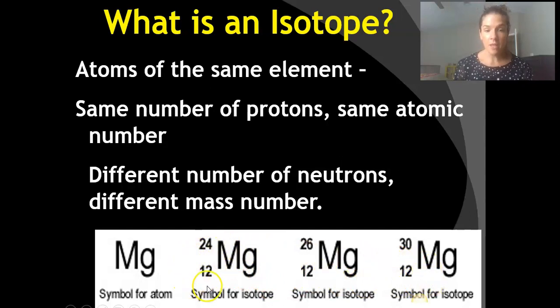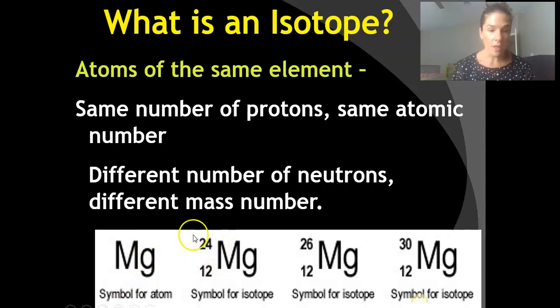So in the nuclear notation, you have 12. The 12 designates how many protons are in the atom, which is our atomic number. Then up in the upper left-hand corner of the nuclear notation, we have the mass number. Now remember, mass number is different than atomic mass.